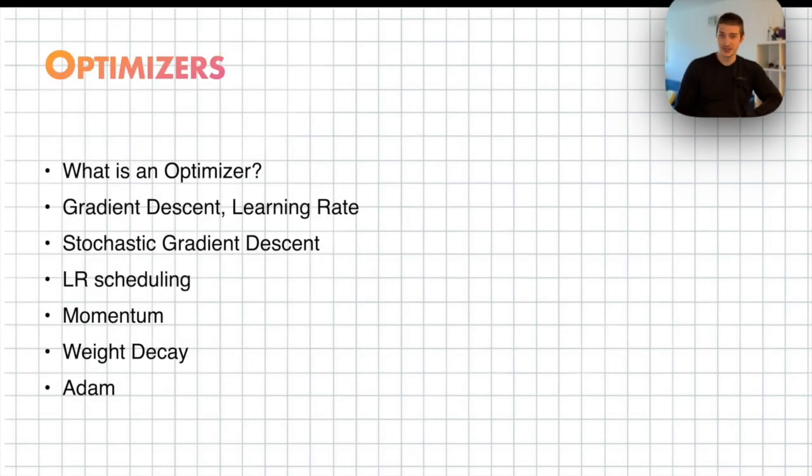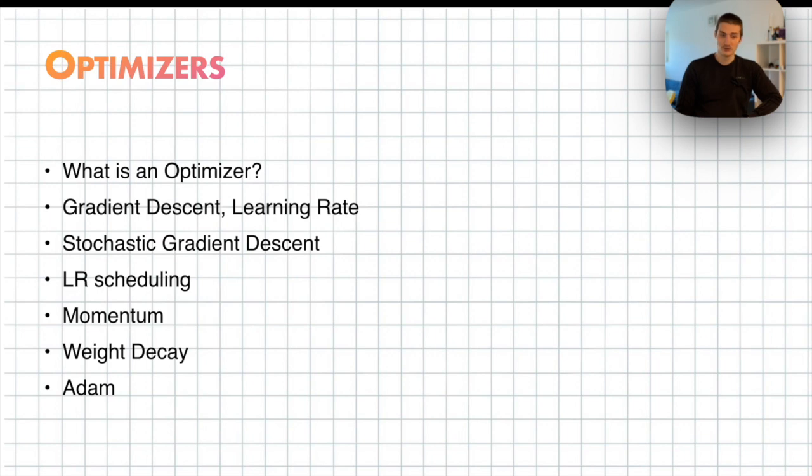And now, let's start with the optimizers. First of all, we're going to discuss what is an optimizer, why do you even need one. We'll study the classical approach to minimizing the loss function called gradient descent. We'll discuss what is learning rate and how that can affect speed and quality of the training.